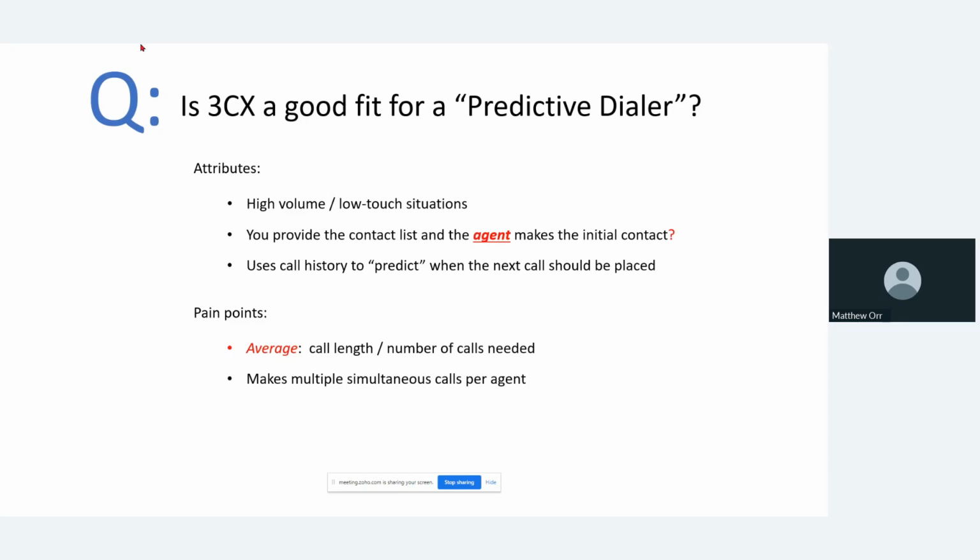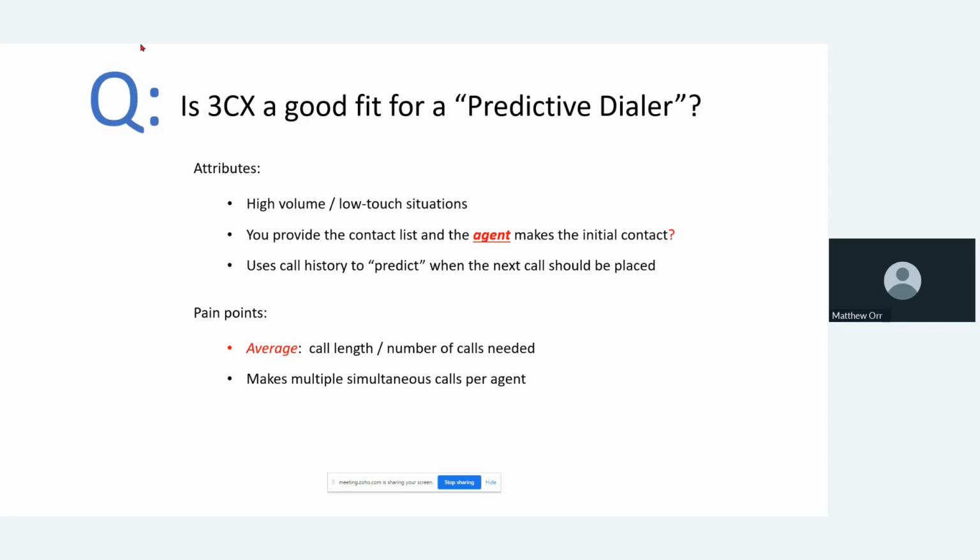And it's not uncommon, for example, for a predictive dialer to make 3 simultaneous calls for every agent that you have. And so this is a bit of a pain point when it comes to 3CX licensing, because remember, 3CX is based on simultaneous calls. So the 3CX licensing platform works really well if you have lots of extensions and not all of those extensions are making telephone calls at the same time.